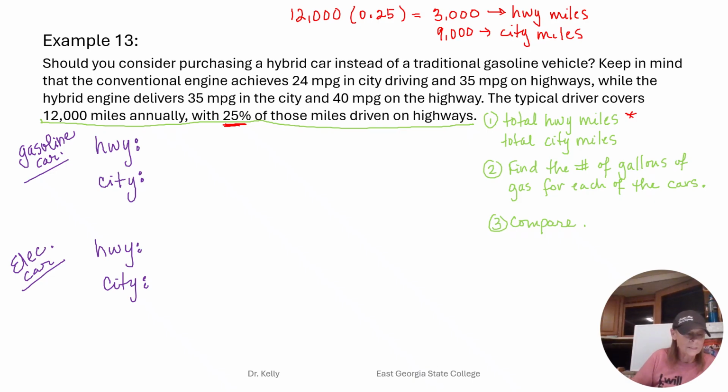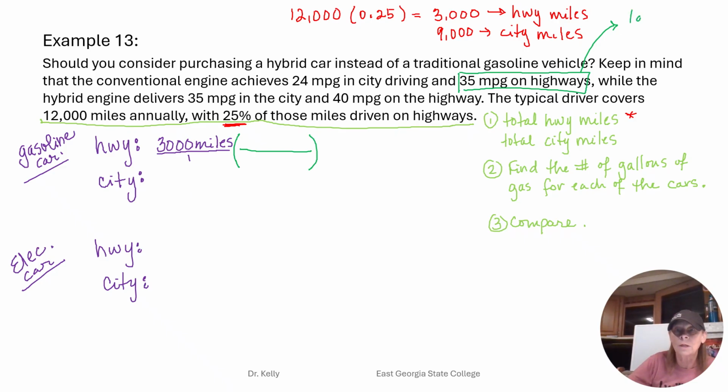So here we're going to say, this is how I set it up. For highway is 3,000 miles over 1, because it's not 3,000 miles per anything. That's 3,000 miles times that 1. And then we're going to multiply that with, what do we know here? We know we're highway miles. That's 35 miles per gallon on the highway. So that means we need miles to be on the bottom.